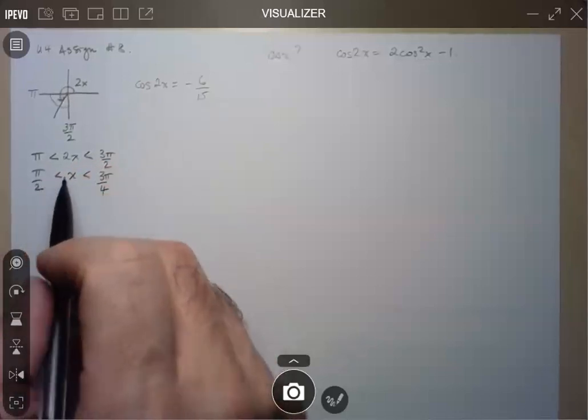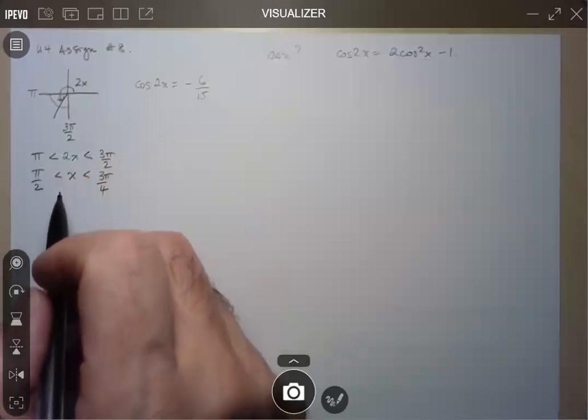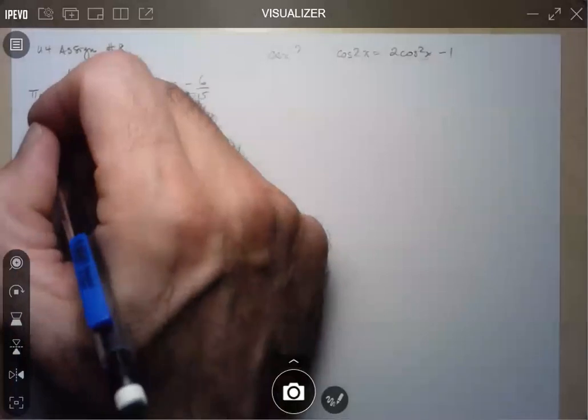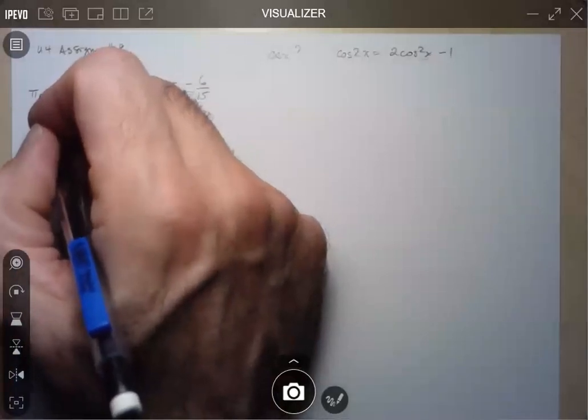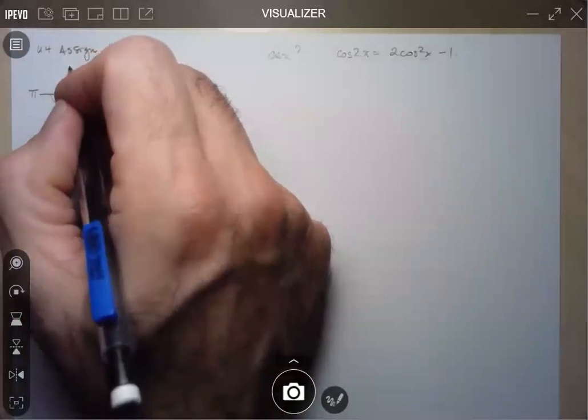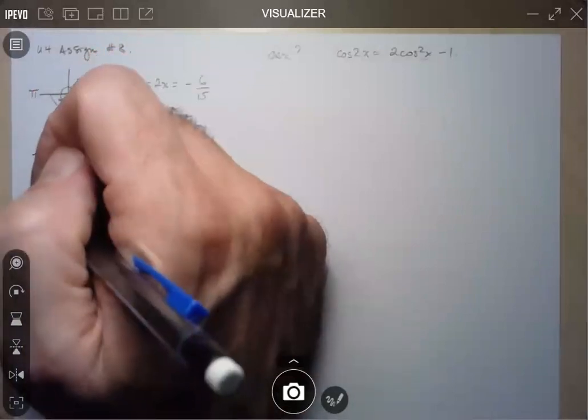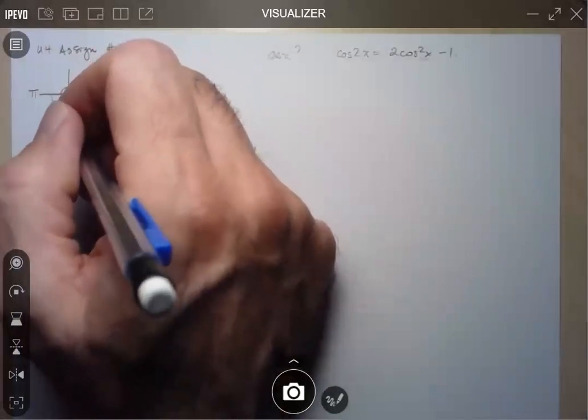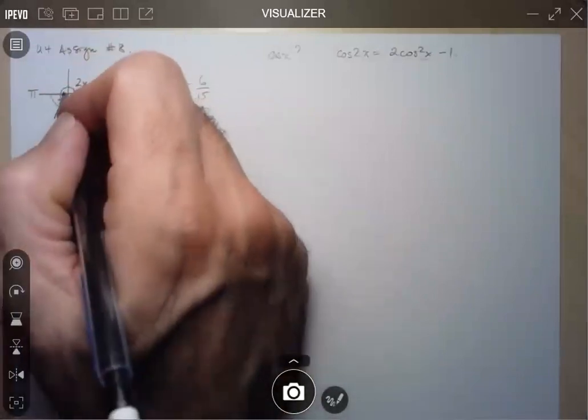And even if you don't think of it in terms of an inequality, it just makes sense that if the smallest value 2x can be is pi, then x has to be bigger than pi over 2, half of that. And if it has to be less than 3 pi over 2, then x has to be less than half of that angle, which is 3 pi over 4.